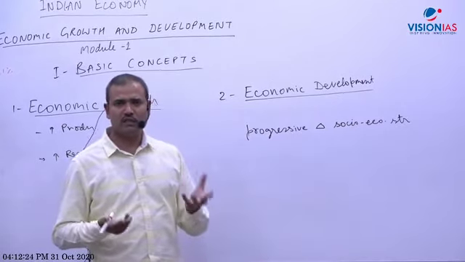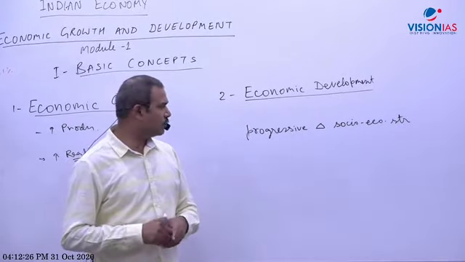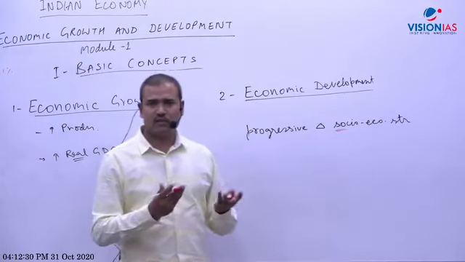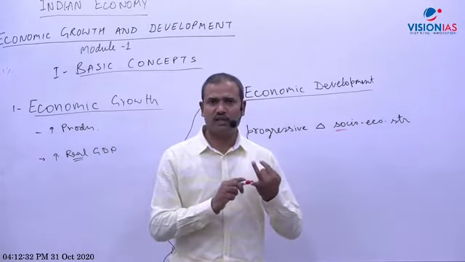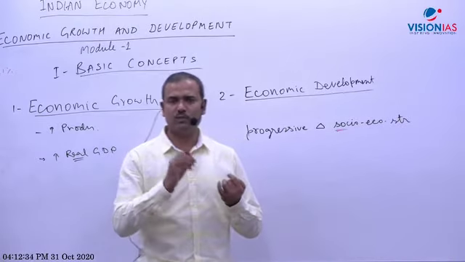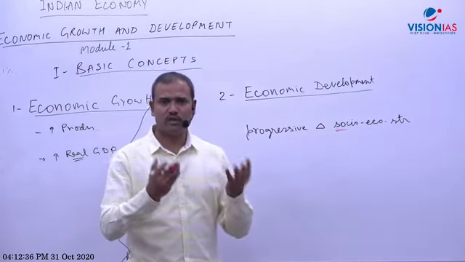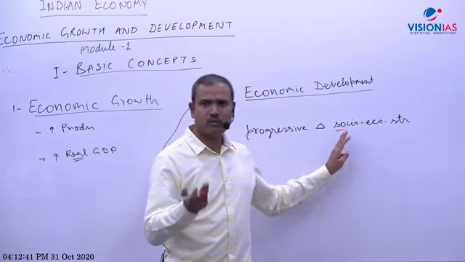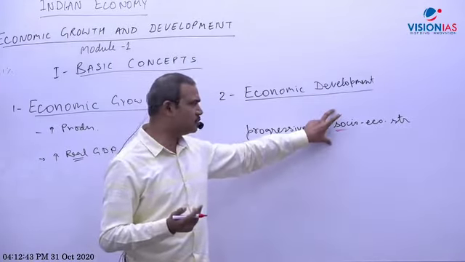Both are obviously similar. What are progressive changes in the social structure of the economy? Social changes like reducing poverty, everybody getting access to basic amenities, the level of education, health and services improving, so the quality of life should improve. That is progressive social change.